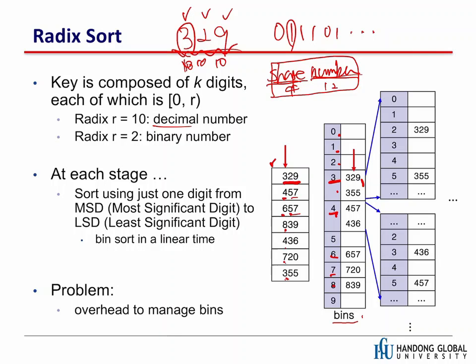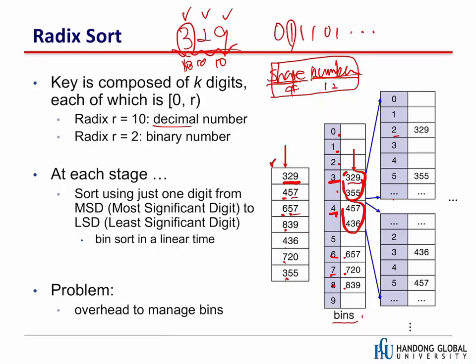Based on these distributions, it's half sorted. Not exactly, but half sorted. These ones are smaller than these ones, smaller than this one, smaller than this one. And within these bins, we have to sort one more time. So we apply the same principles, looking at the second digit.